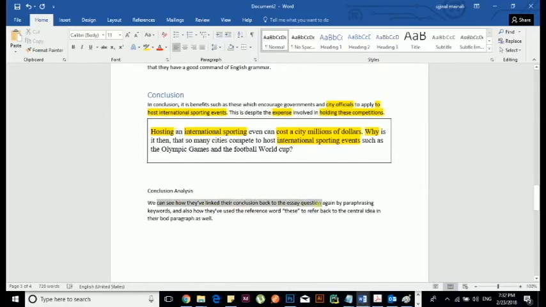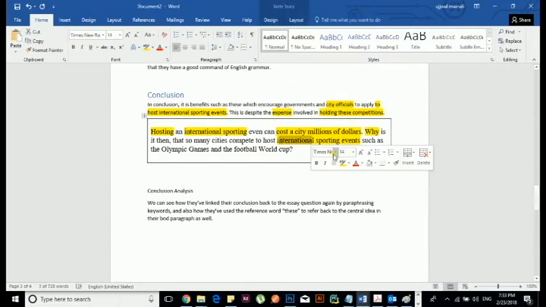We can see how they have linked their conclusion back to the essay question, again by paraphrasing keywords such as hosting international events, costing millions of dollars, being expensive, and why the city officials actually host the event.